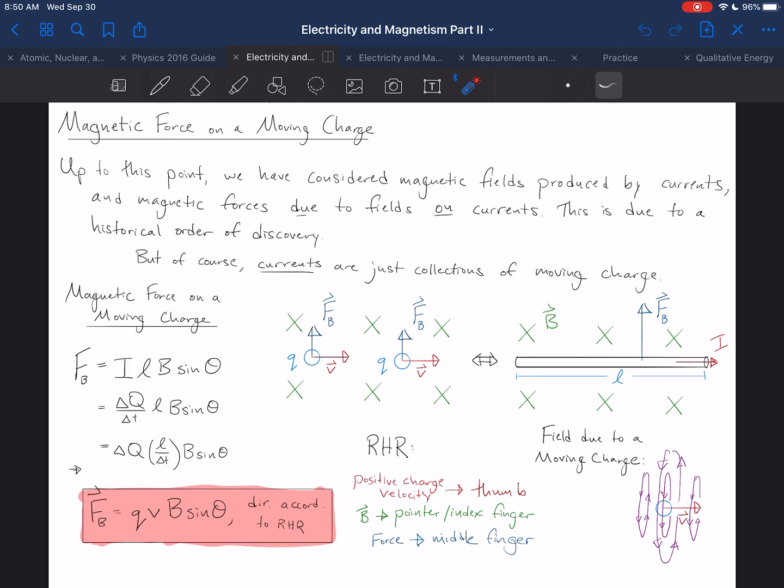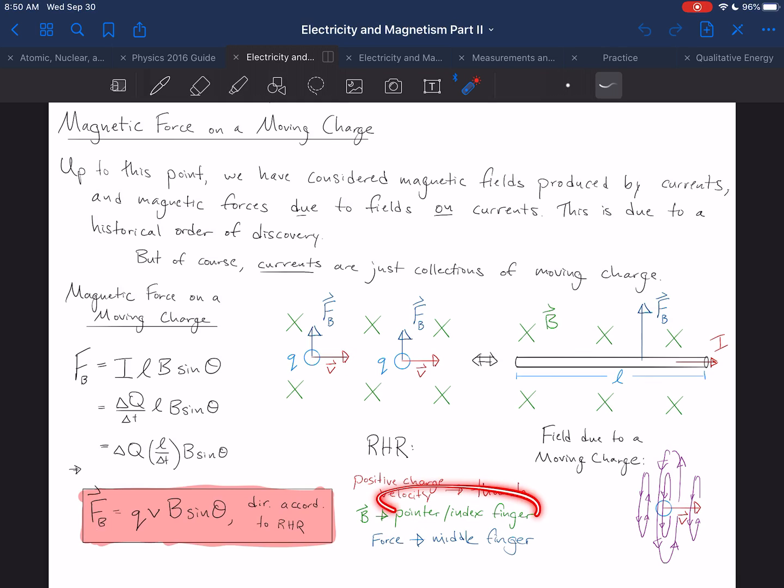And you might ask yourself, how do we apply the right-hand rule? And the answer is very similarly, with a couple of reinterpretations. Instead of current for your thumb, you simply have the direction of positive charge motion. So if this is a positive charge and it is moving in this direction, then your thumb points in that direction.